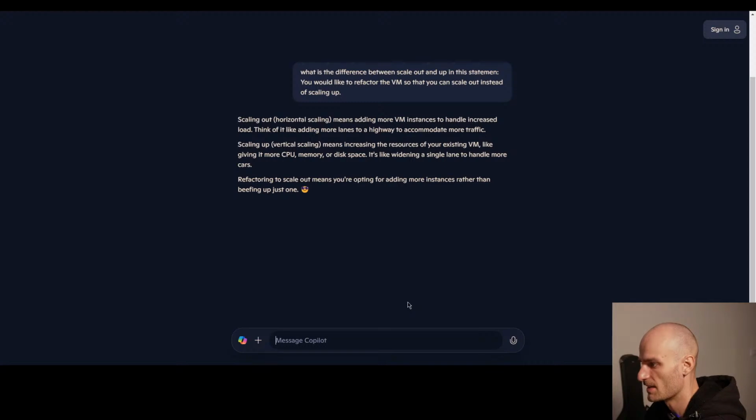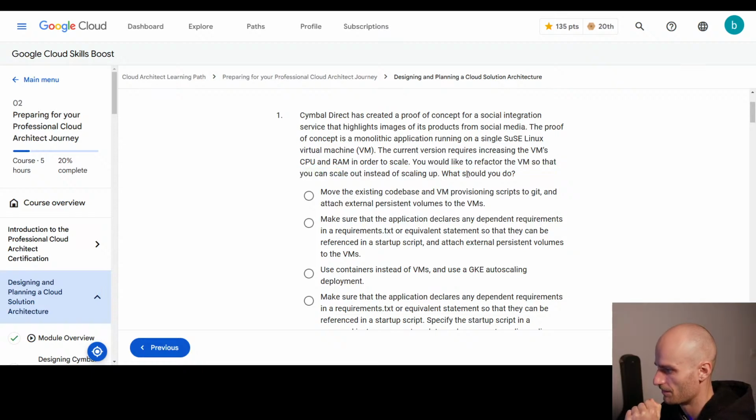Horizontal scaling means adding more VM instances to handle increased load. Scaling up means increasing the resources of your existing VM. Okay, so I understood the difference, and this is the one I was imagining. But I'm not sure at this point.